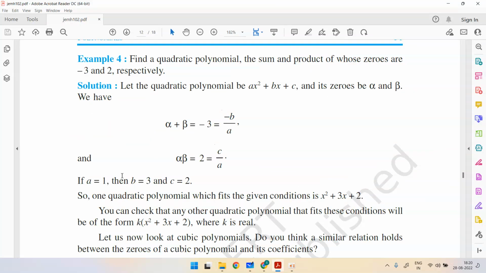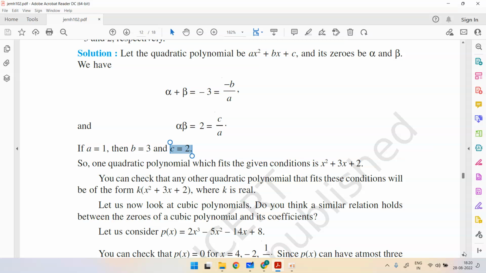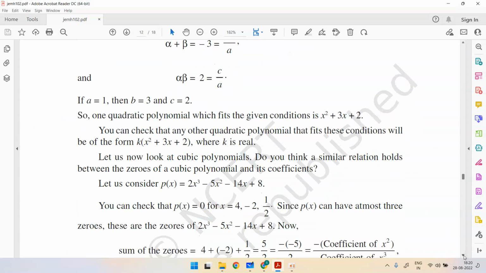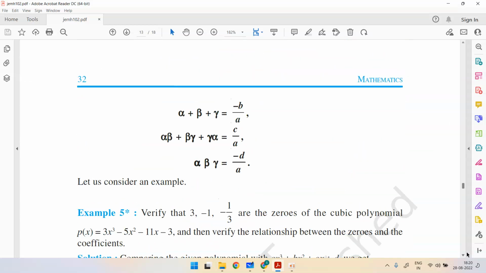If a equals 1, then b is this, c is this. See that? x square plus 3x plus 2.